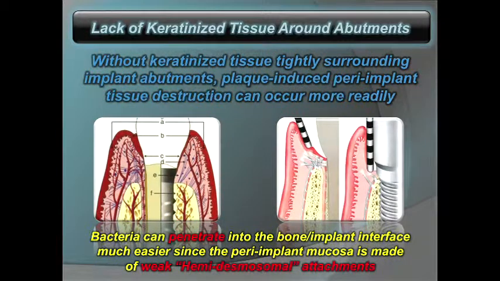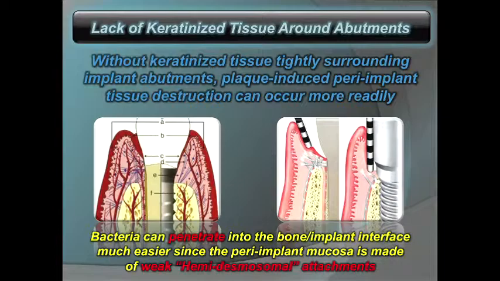As you can see here, when you're probing, it goes all the way down, and there is a difference between natural dentition and the implant. So you have to make sure that you understand this weak hemidesmosomal connection between the abutment and the tissue is not as good as the Sharpey's fibers.